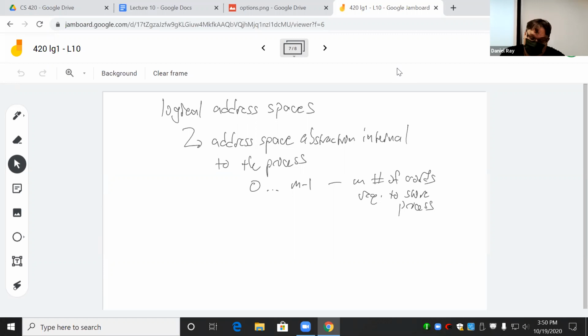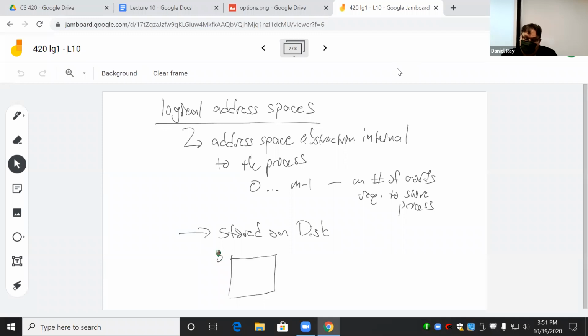There are multiple logical address spaces. There's one for every process, and when they're not in memory, they're being stored on disk. When I need to load a program, I take this whole chunk of logical memory, which is somewhere on the disk and can be represented as 0 through m-1 address locations, and I find a hole for it in RAM.